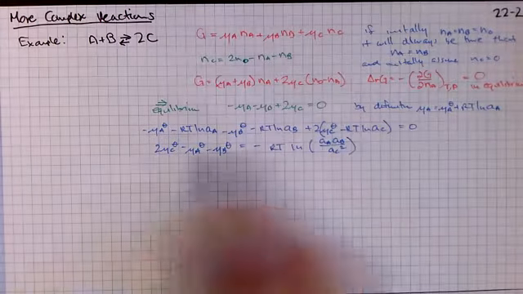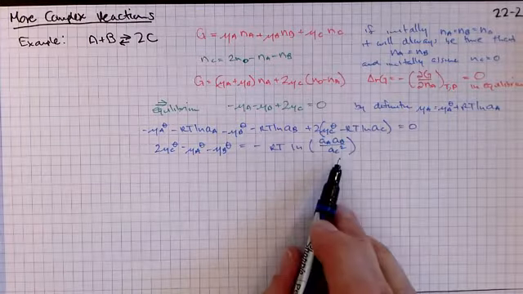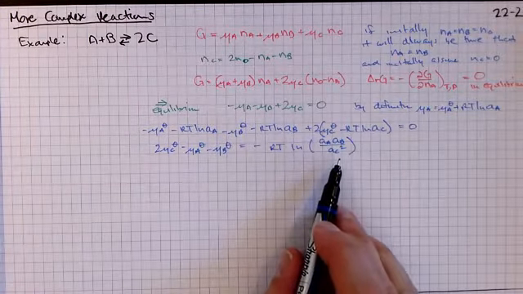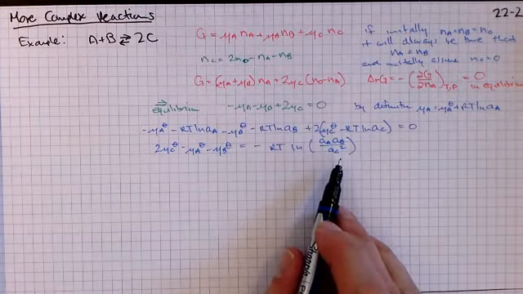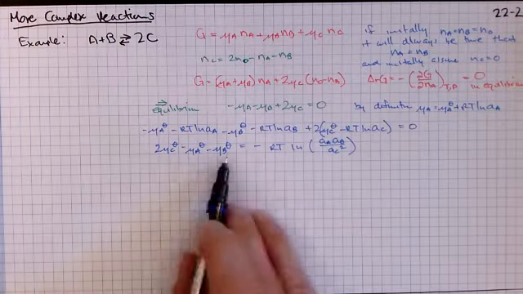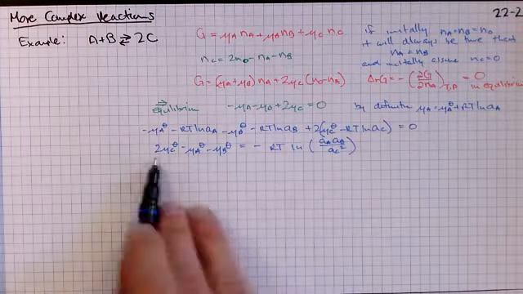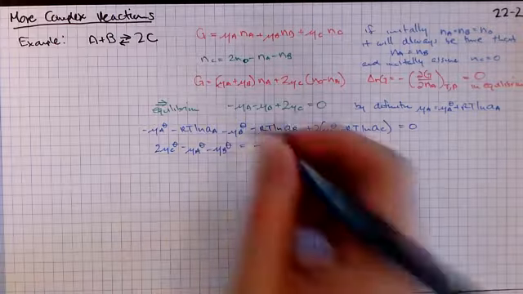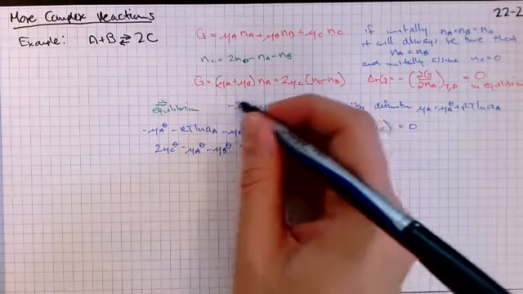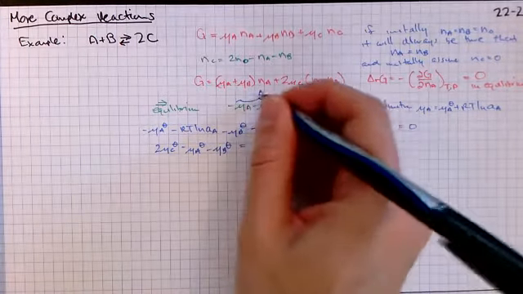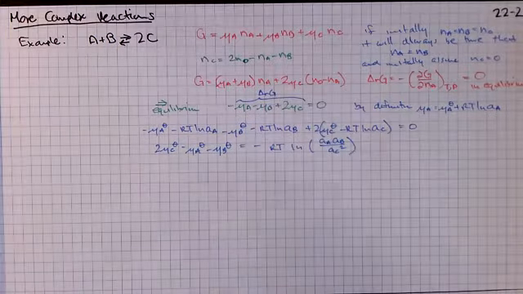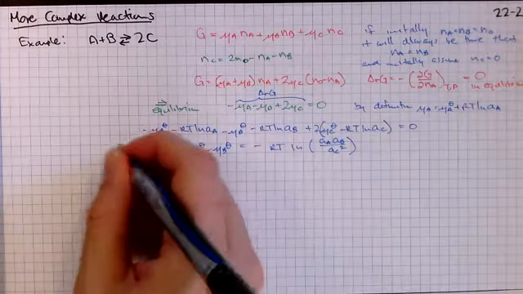Right, here I've just combined all the logarithms into one, and so this being then my delta R G, right?